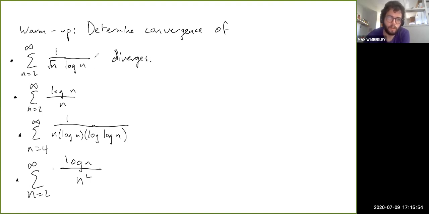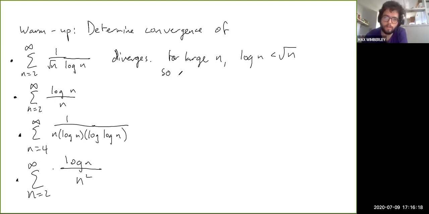The context suggests that we can use the integral test, but I think you can do it without the integral test by saying for large n, log of n is less than the square root of n.